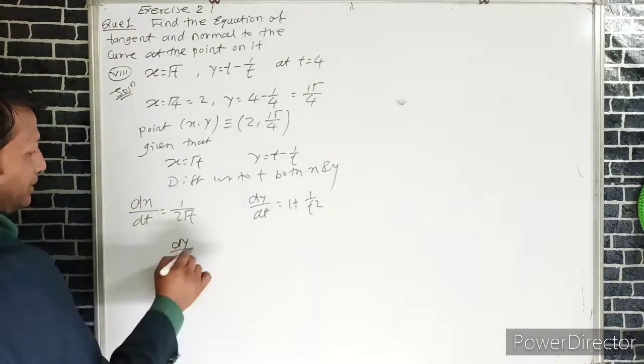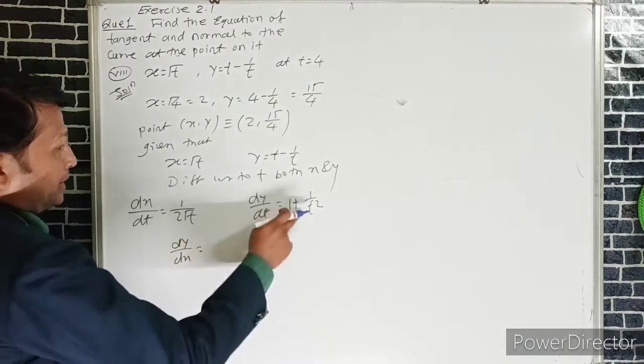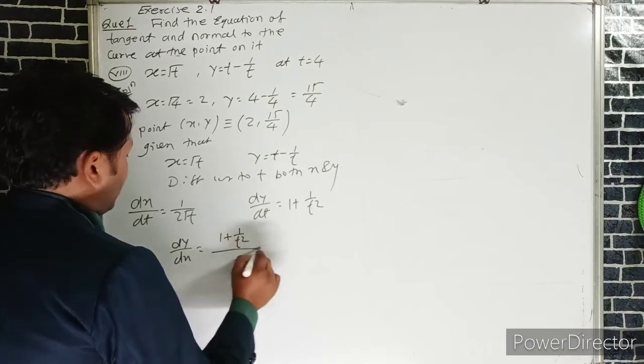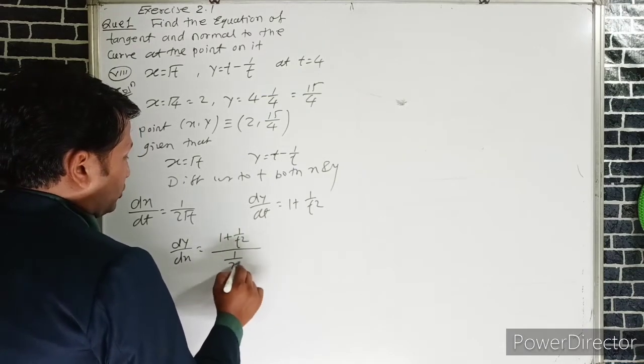Hence, dy upon dx is equal to dy by dt upon dx by dt, means (1 plus 1 upon t square) upon (1 upon 2 root t).